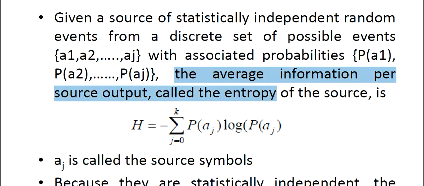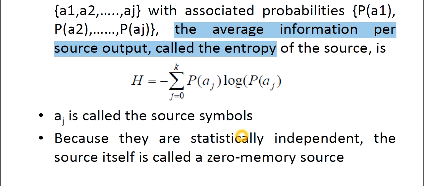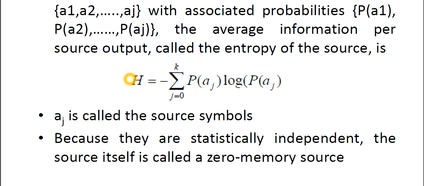It is given by H equal to minus the sum over j of P(Aj) times logarithm of P(Aj). Believe me, this entropy formula is very important for you, so do note it down. Here Aj is called a source symbol, and because they are statistically independent, the source itself is a zero memory source.